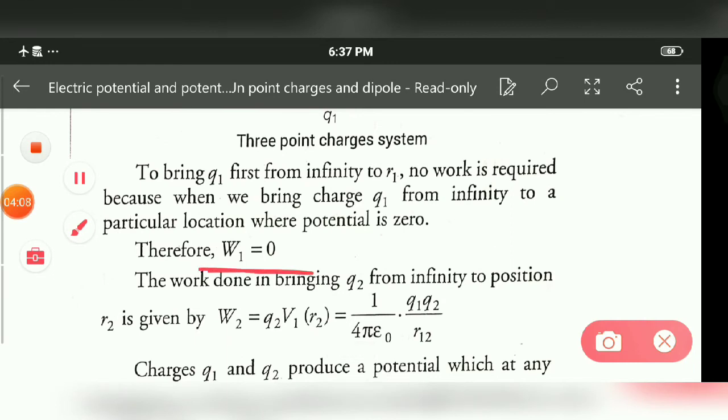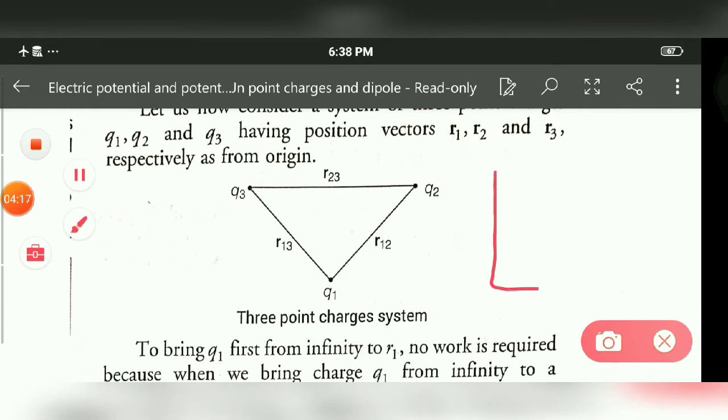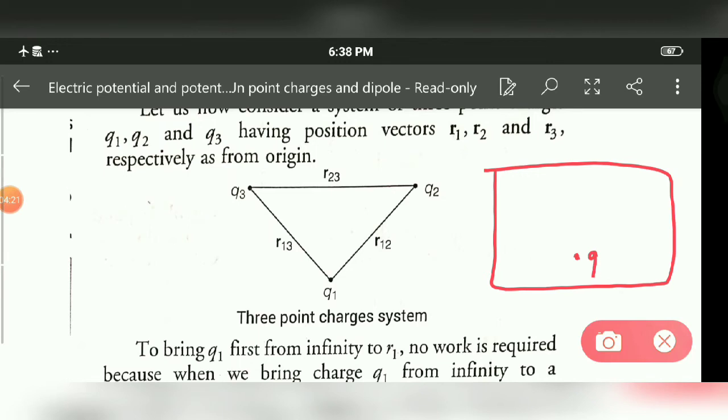Now let us talk about the second charge. Charge q1 is already in the system, q2 is at infinity, and q3 is also at infinity.